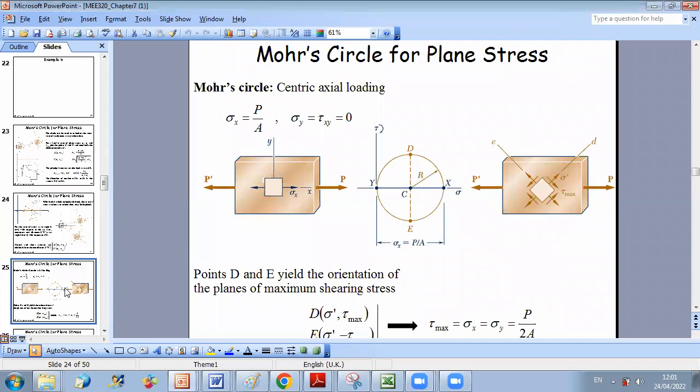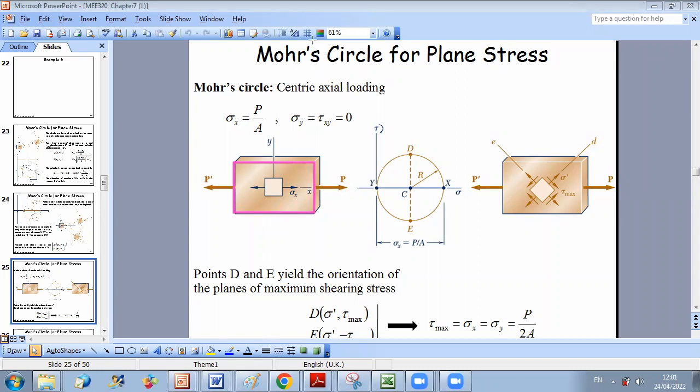Now, you have several particular cases that we can represent in Mohr's circle. The first particular case is the case of centric axial load. So let us consider the following element. This element is subjected to normal stresses under the effect of P and P prime.